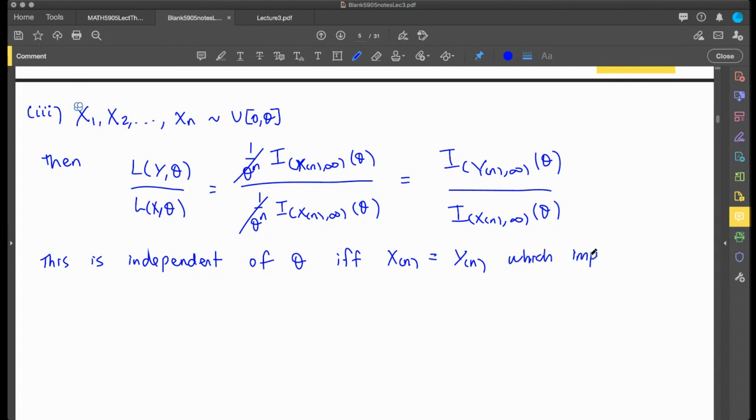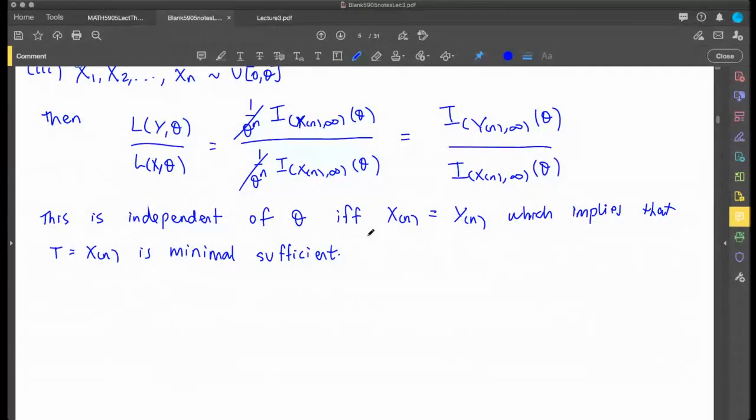Which implies that the statistic t equals the nth order statistic is minimal sufficient. Why can I claim such a thing? Well, let's take an example of when these two values are different and see what happens to this ratio.